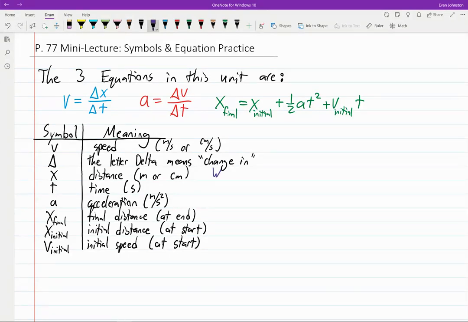We usually just call X initial 0 because objects usually start at 0.